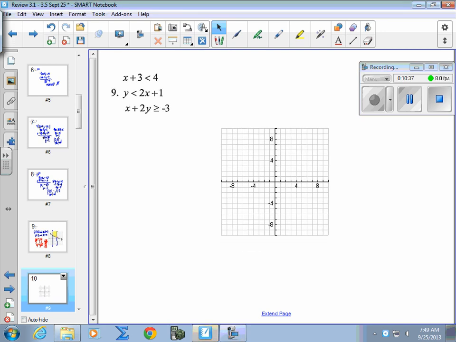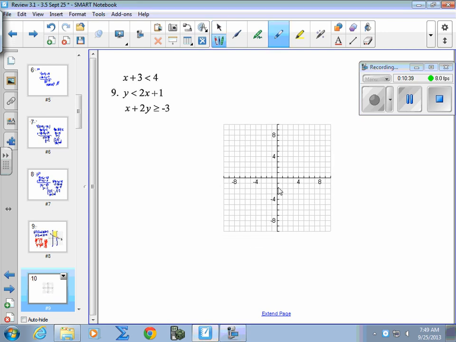Alright, so we're going to solve this system. The first equation, x is less than 1, is a vertical line on 1. So we draw a vertical line on 1. It is dotted. The next equation, I have y is less than 2x plus 1.